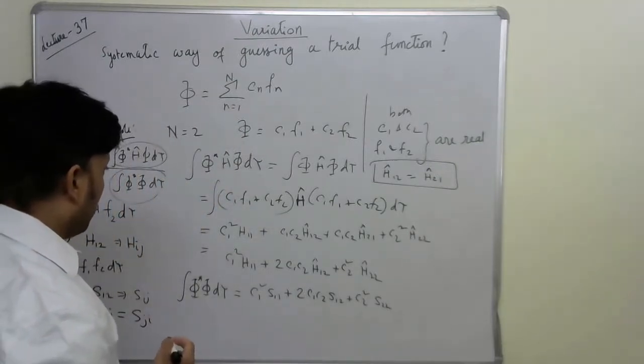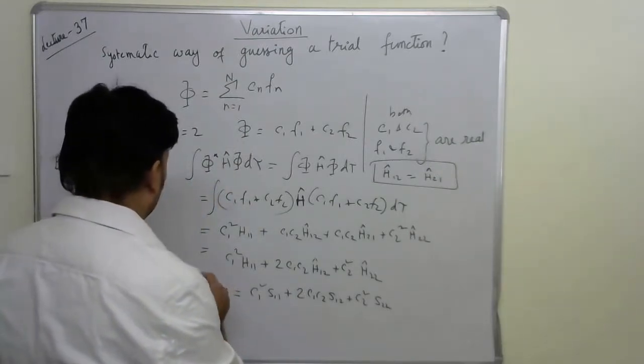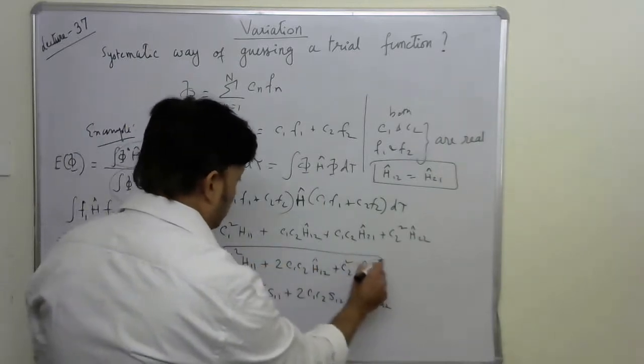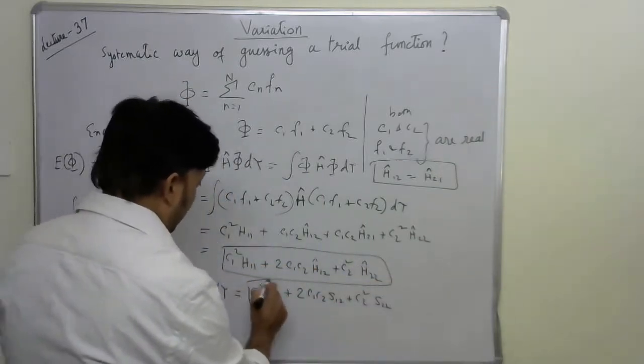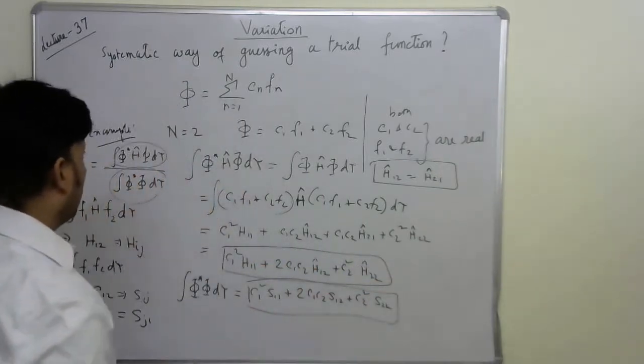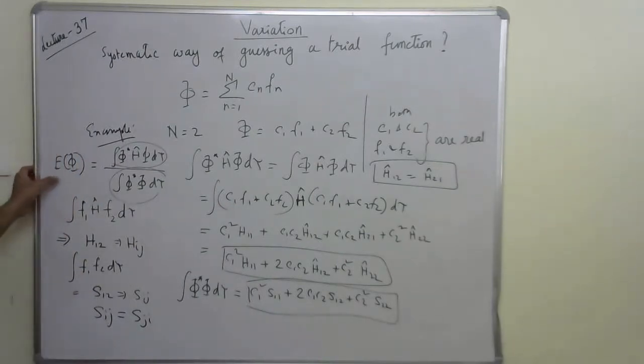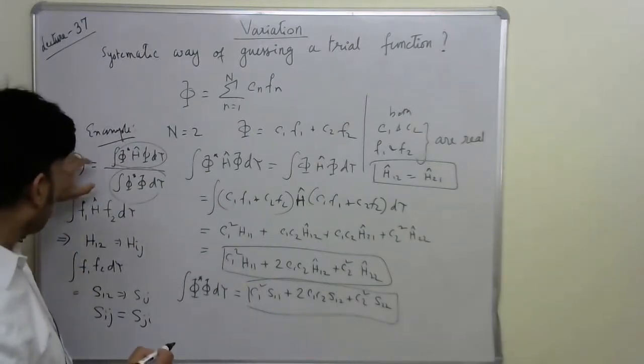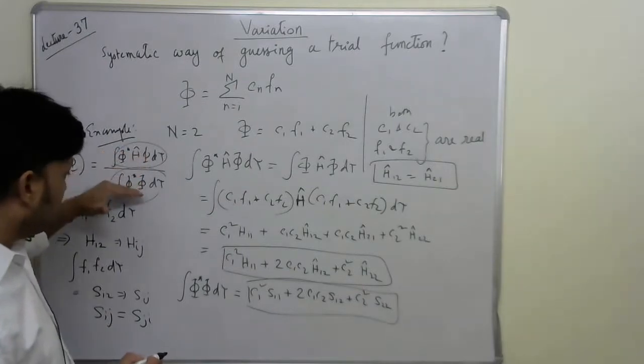So we got these two expressions, one is this and another is this. The variational theorem wants us to take the ratio of this divided by this.